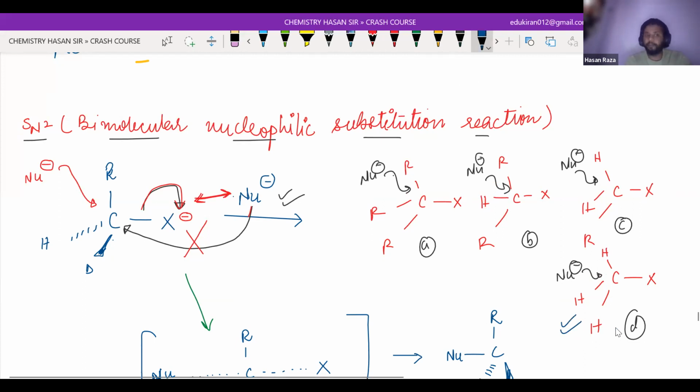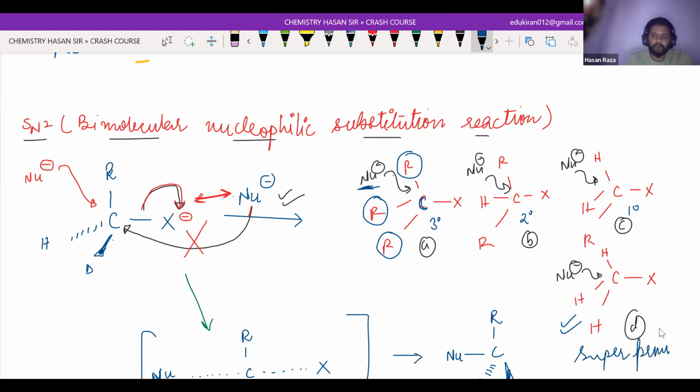That is correct. Because while attacking this carbon, the nucleophile will face steric hindrance, and that's why in a 3-degree alkyl halide, it is tough for the nucleophile to attack. In the same way, this is your 2-degree, this is your 1-degree, and this is your super primary.